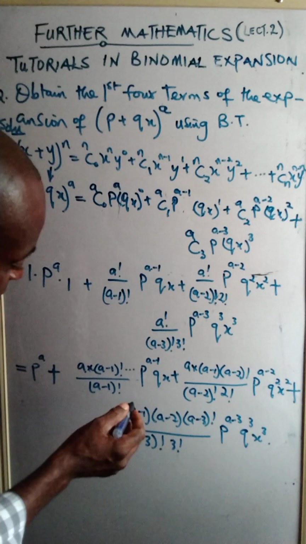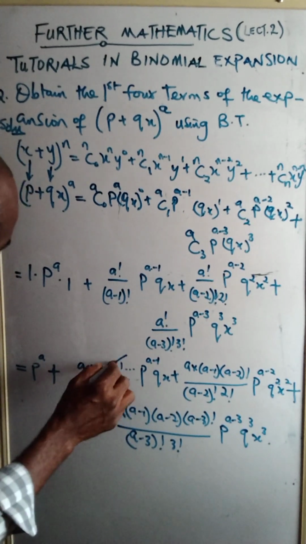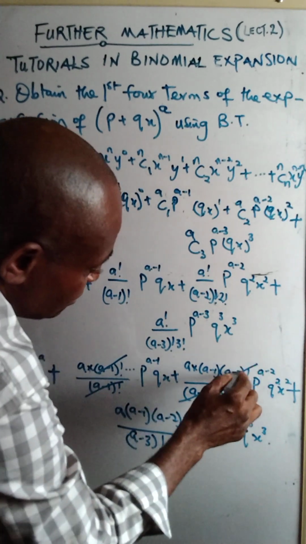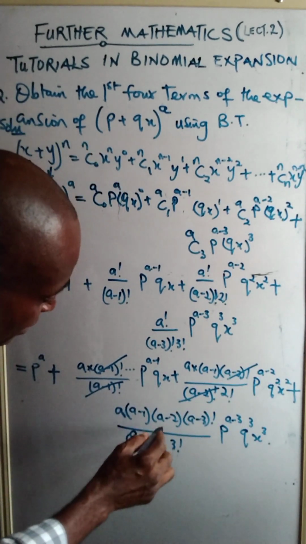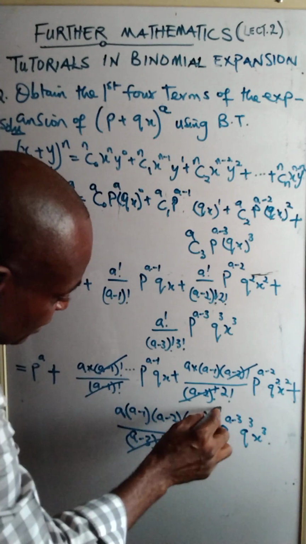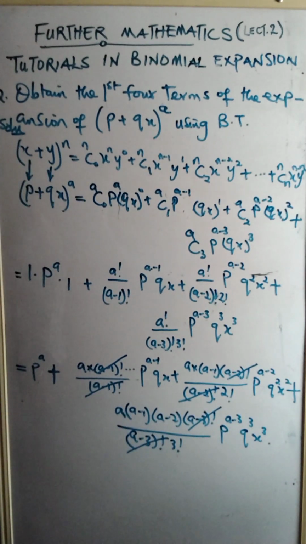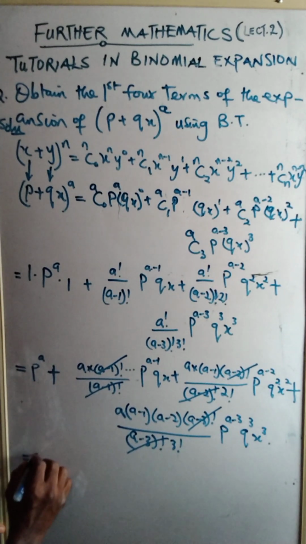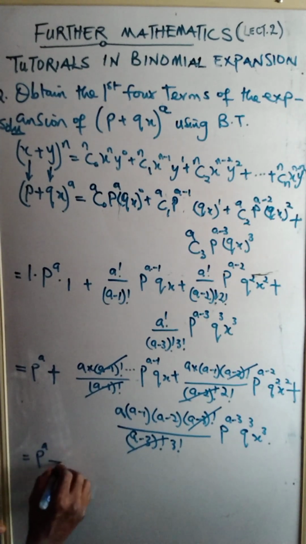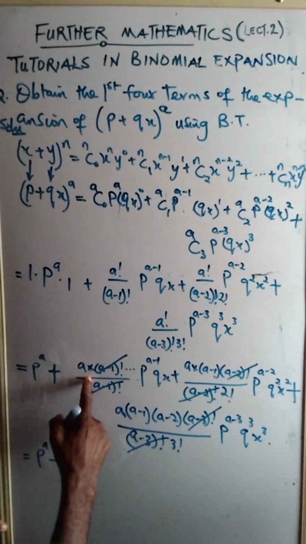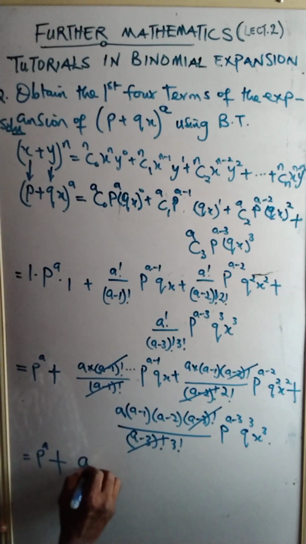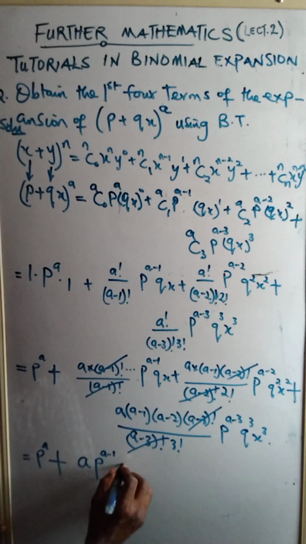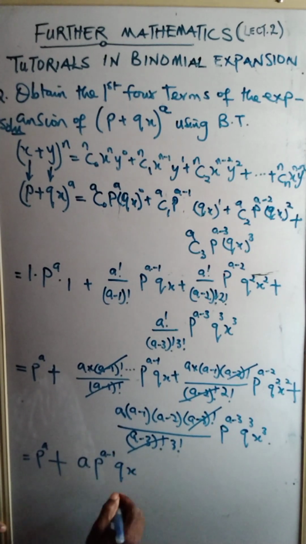So some of the terms we cancel out. This is going to cancel this, and then this will cancel this, then this is going to take care of this. So if I'm going to write the standing, we're going to have p raised to power a plus, what remains from here we compute, we're going to have a, then we have p raised to power a minus 1, qx.